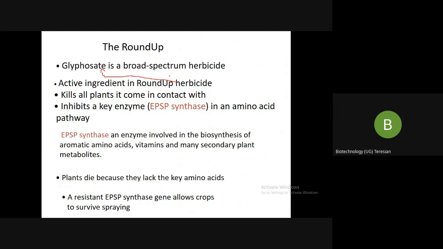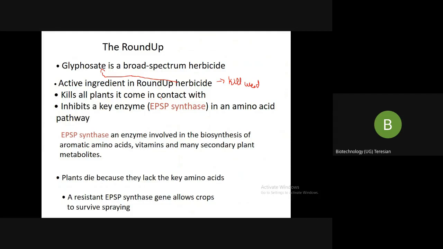The Roundup is your herbicide which is going to kill the weed, or the unwanted plant in your field. How is it going to kill? By this glyphosate. It kills all the plants it comes in contact with, because it doesn't differentiate between the weed plant and the crop plant.